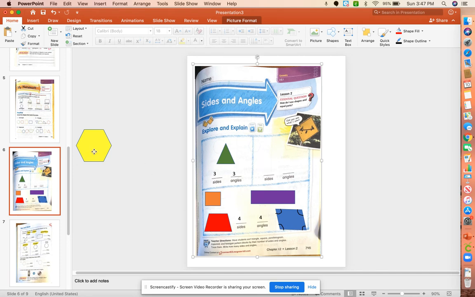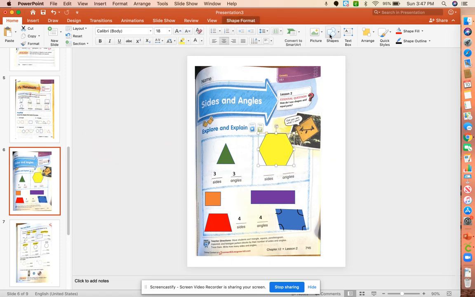All right, so the only one we have left is, anybody know what that's called? It's called the hexagon. Let's count how many sides it has. 1, 2, 3, 4, 5, 6. Let's count that one more time. 1, 2, 3, 4, 5, 6.